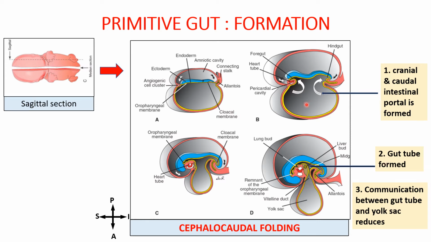We can see that gradually the communication between the gut tube and the yolk sac is narrowing down. And the last observation that you can make is this cardiac bulge, which was initially located cranial to the developing foregut, the developing gut tube. Now the heart bulge has come ventral to the gut tube.